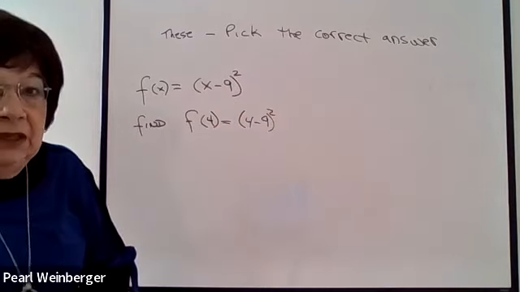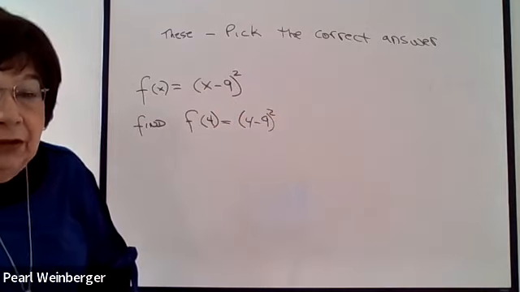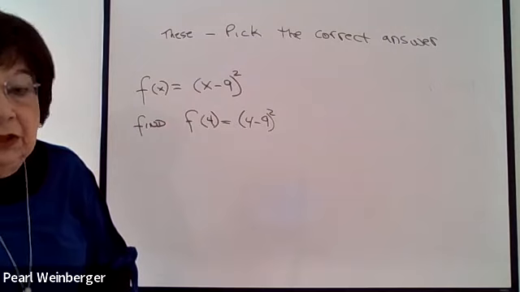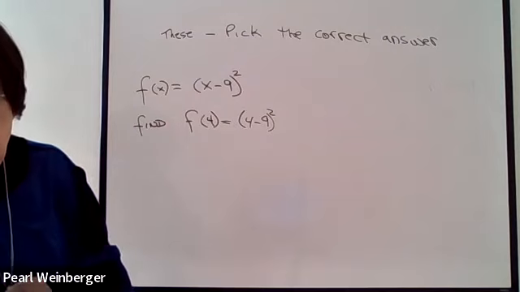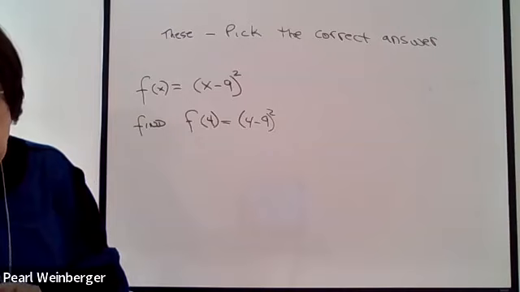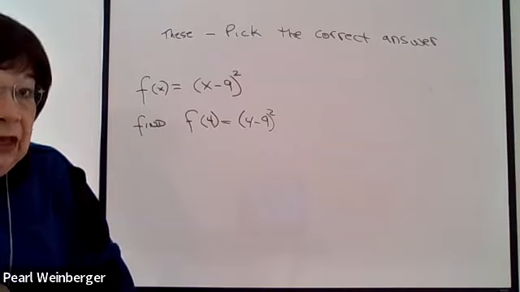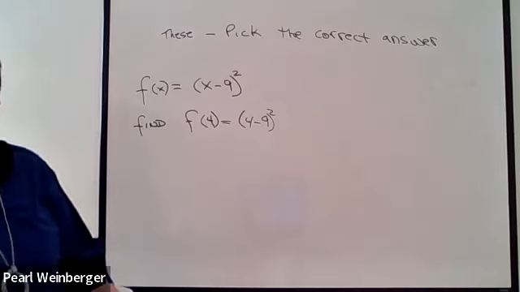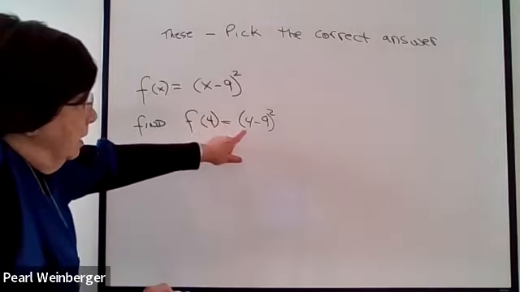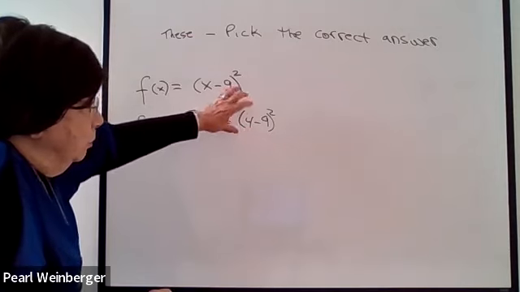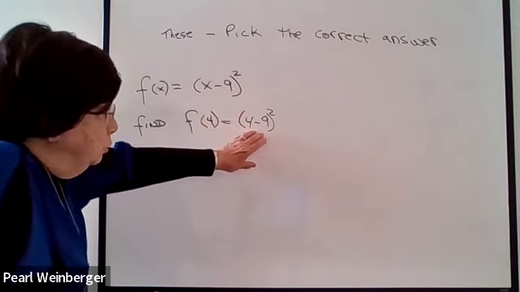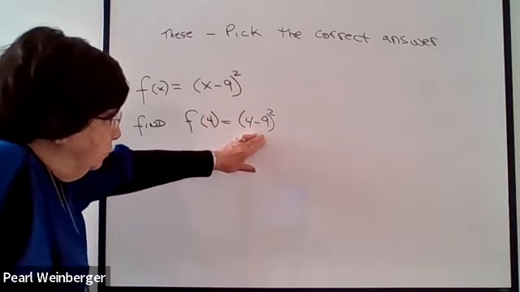Now, this is not a hard problem to work out. We could just figure it out. I'm going to tell you how to do it with your calculator as well, because you really want to get used to using your calculator. When you're figuring something out, you always work inside your parentheses first.